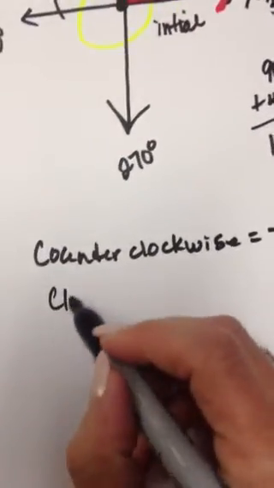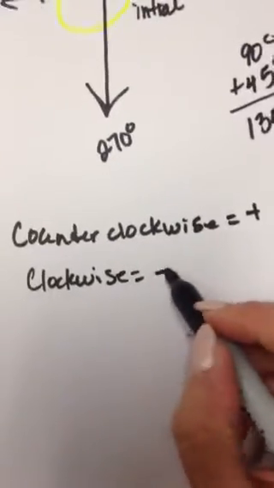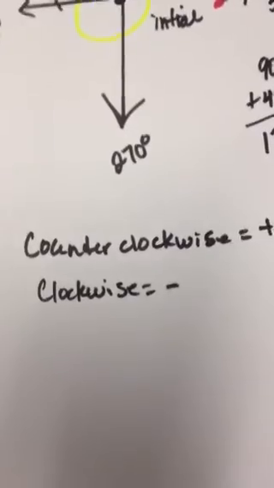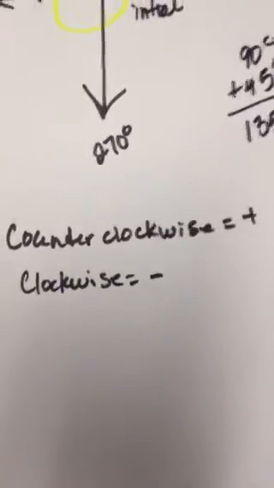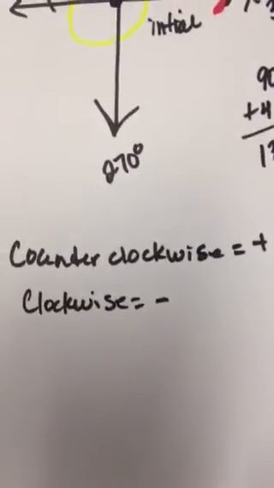And if I have just my clockwise, those are negative values. And if you think about this from when we did rotations earlier in the year, our default rotation was a counterclockwise rotation. So you can use that to try and remember what's positive and what's negative.